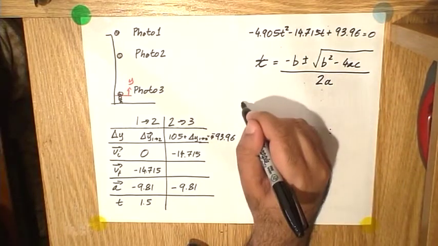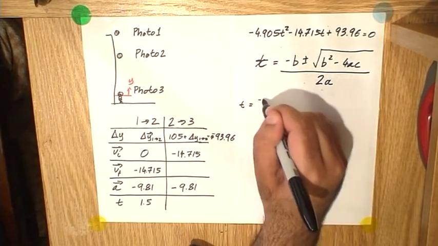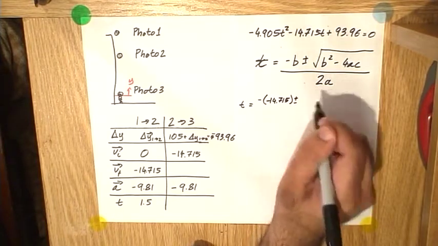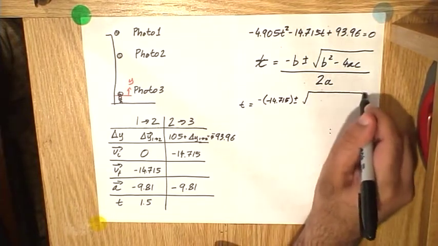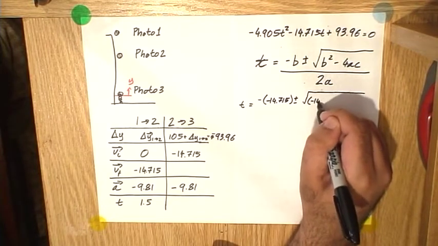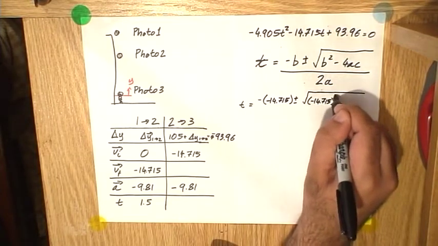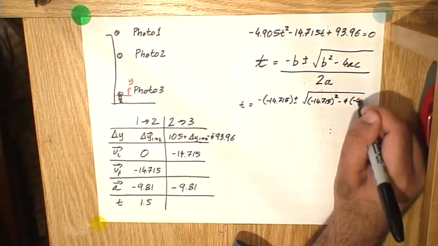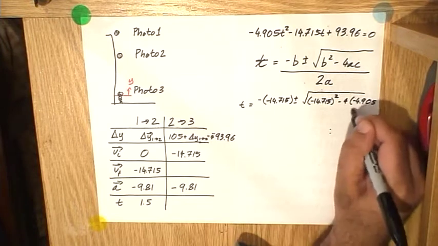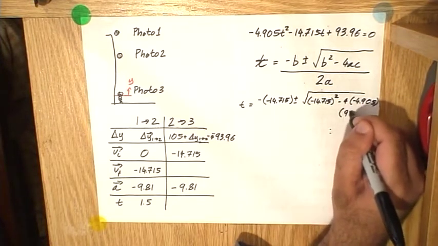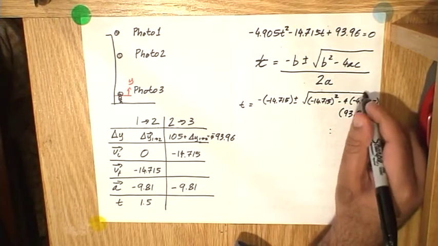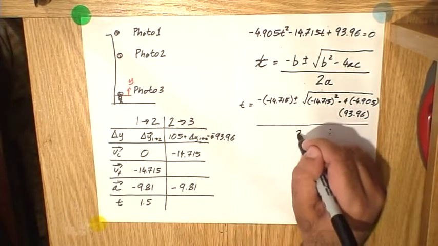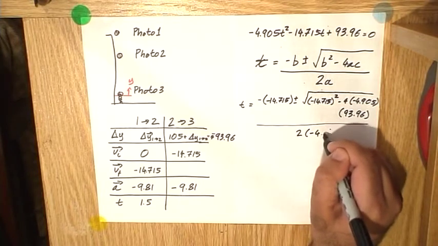So the time is equal to negative b which is negative 14.715, plus or minus the square root of b, negative 14.715, squared minus 4 times a, which is negative 4.905, times c, which is 93.96. And this whole thing is going to get divided by 2 times a, negative 4.905.